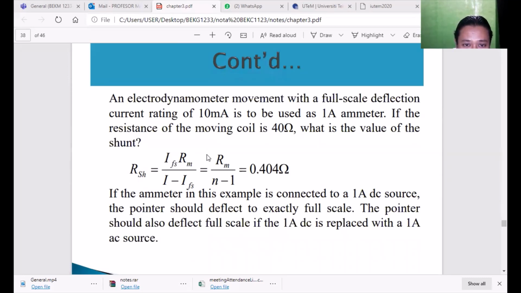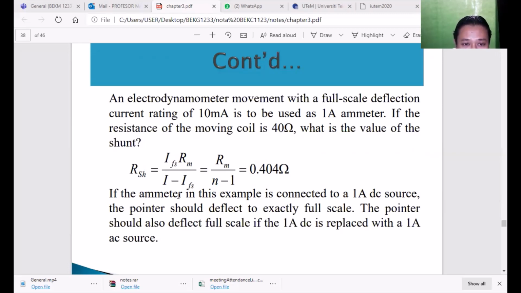After calculating, the shunt resistor is equal to 0.404 ohms.